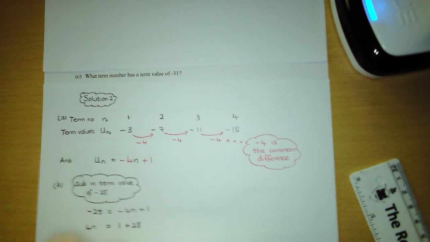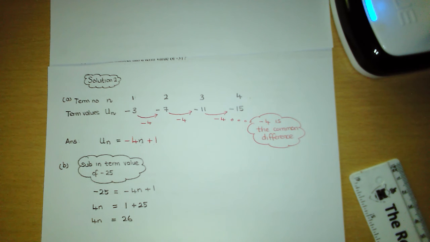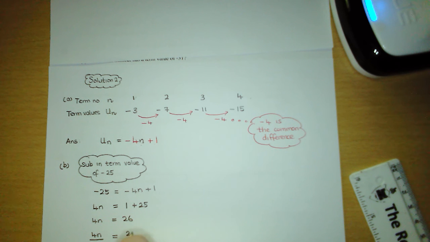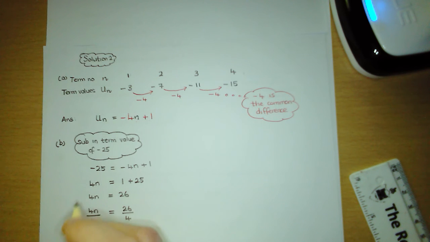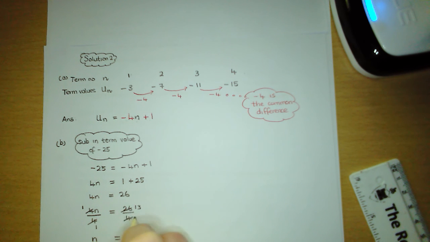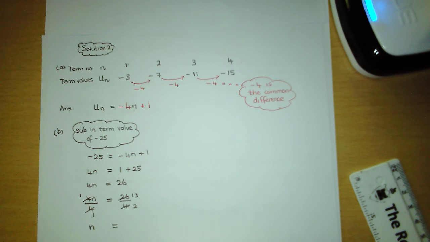So we're going to have 4n equals 26, and then we're going to divide both sides by the coefficient of n. So 4n over 4 is equal to 26 over 4. 4's cancel over here, so we're left with n, and then 2 goes into both, so we're left with 13 over 2, and 13 over 2 is going to give us 6.5.